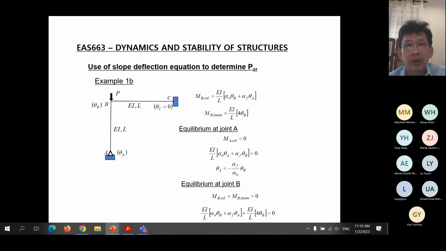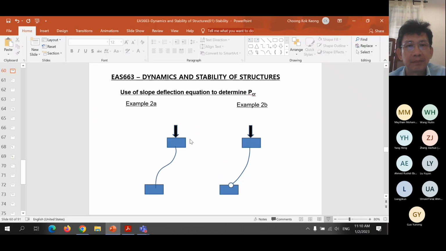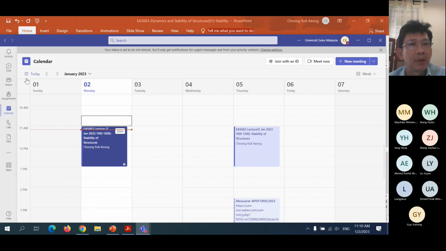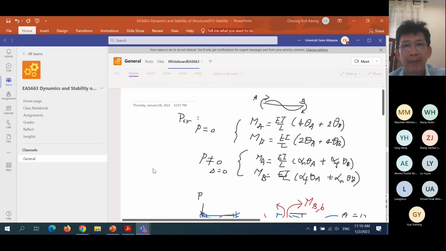Now, to solve these equations, I'm going to go to another screen, which is a kind of whiteboard where I have already written down the solution process, and let me switch to that. Please tell me whether you can see the screen.